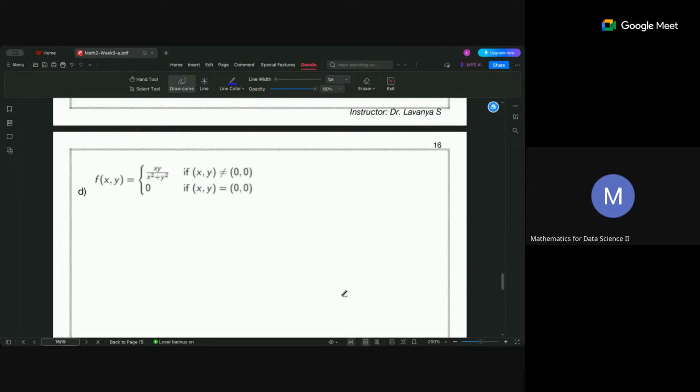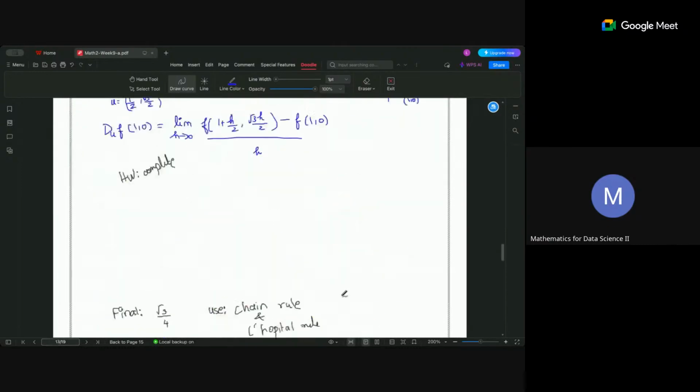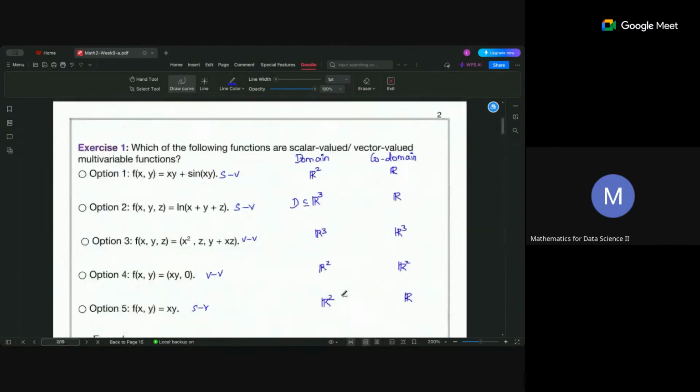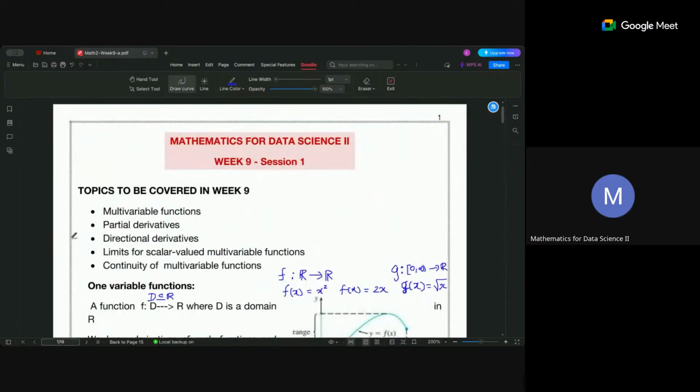So no big deal. We have almost completed the main part of this session. See, what are the main things we have seen? We have seen what are multivariable functions, mainly scalar valued and vector valued. Then we have partial derivatives with respect to x and y: one is the limit formula and another is the direct derivative formulas.